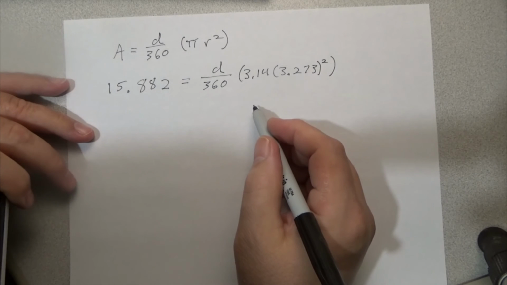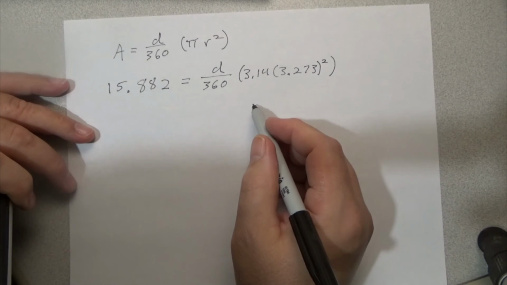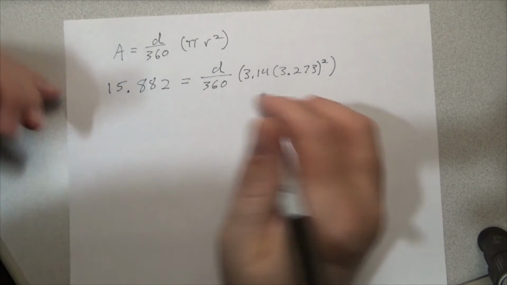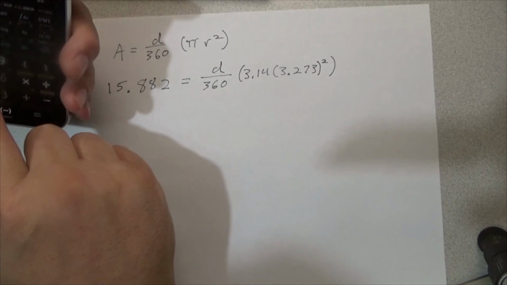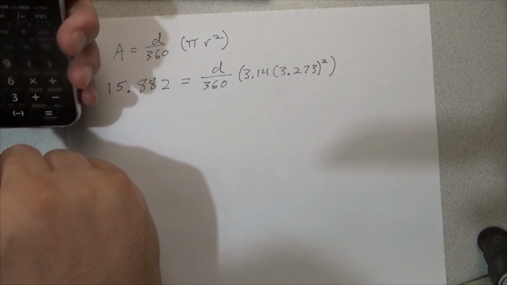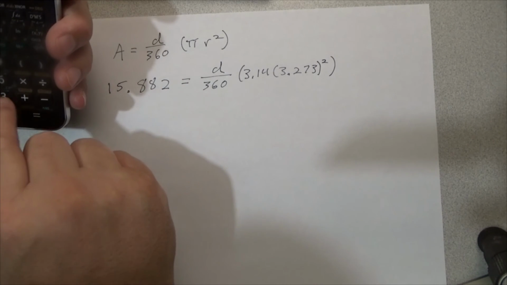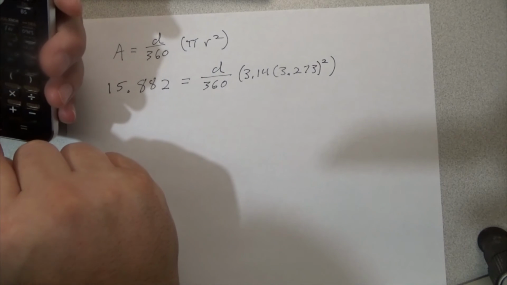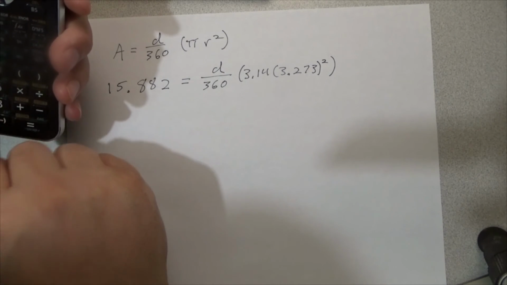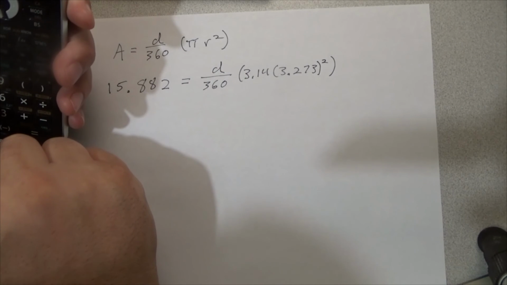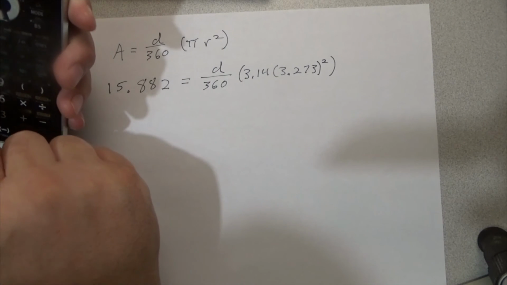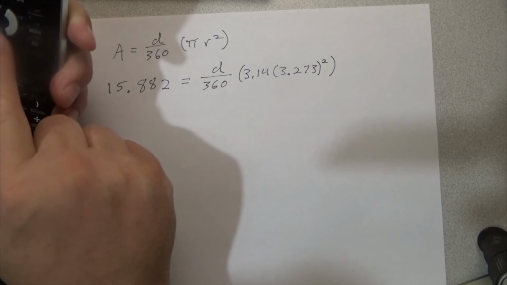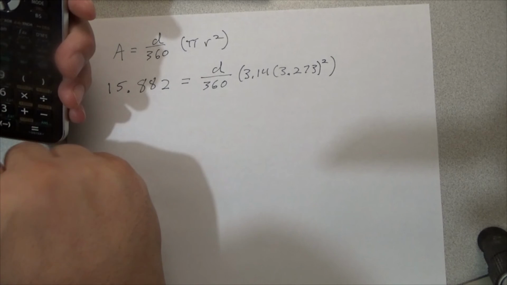And once I find that, I'm going to divide it by 360. Or I can just put it right into a fraction bar. And I say 3.14 times 3.273 quantity squared, and put 360 in the denominator.